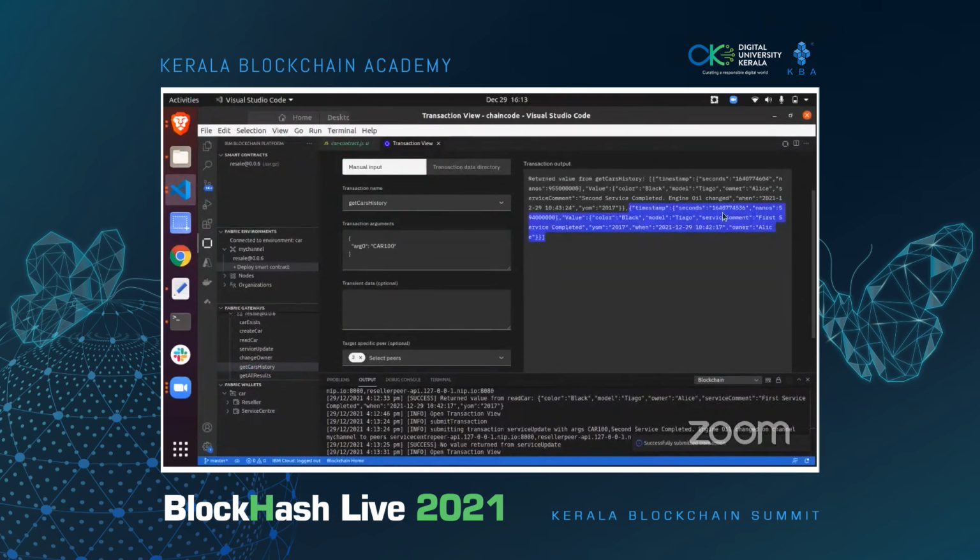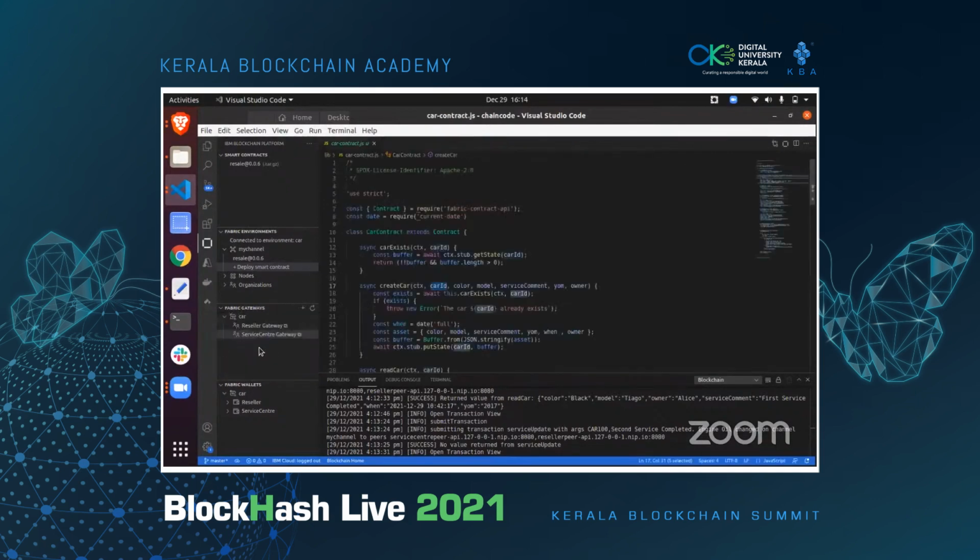One is the first service comment, the first service completed, and you can see the time, and the second, another block of data, is the second service completed, and the owner is Alice in both cases.